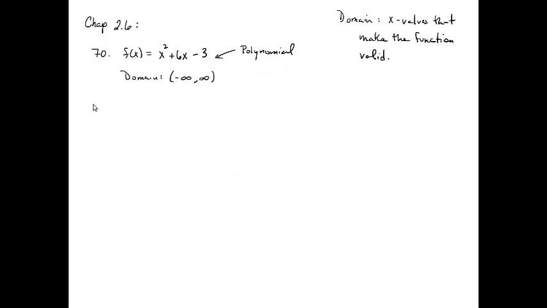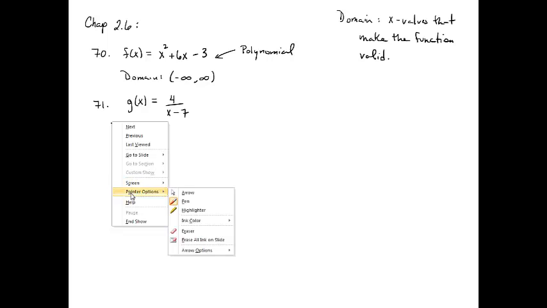What about number 71? Here I have g of x is equal to 4 divided by x minus 7. All right. So before we talked about the domain consisting of x values that make the function valid.